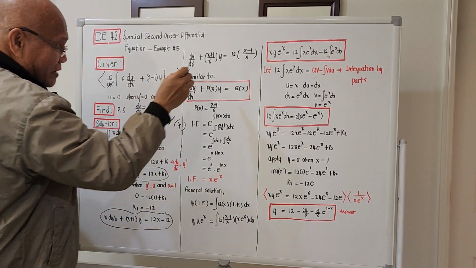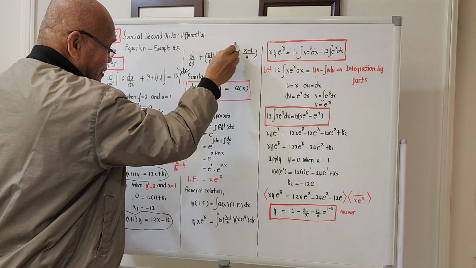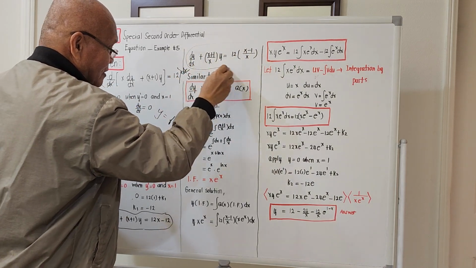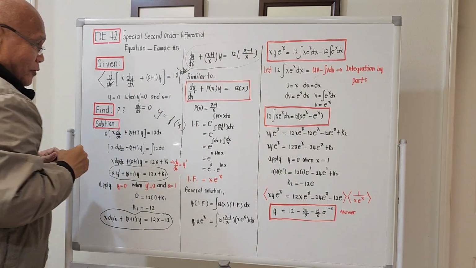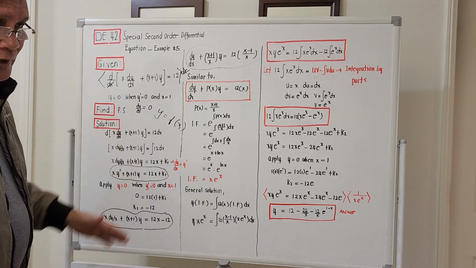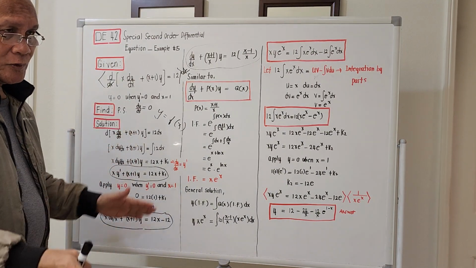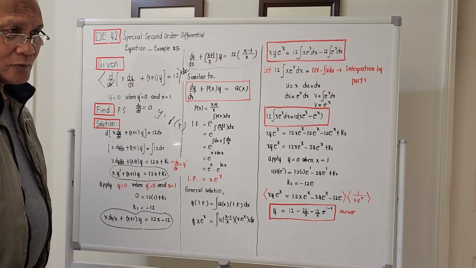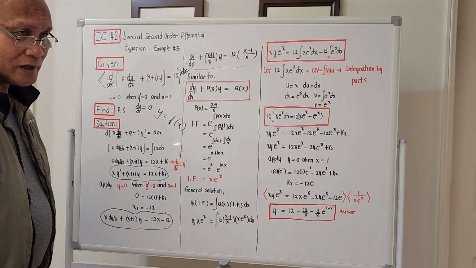So the resulting differential equation after the division by x is this. And if you recall the first order differential equations, this falls under the so-called differential equation solvable by using an integrating factor.